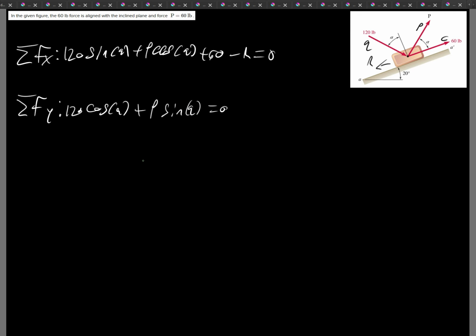And right here immediately you can see, okay, well maybe we can solve this because we know that P actually equals 60 as given here.